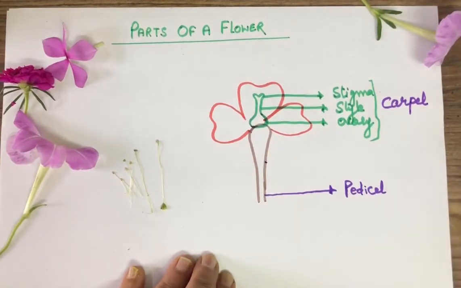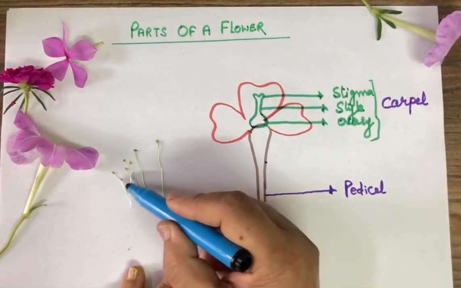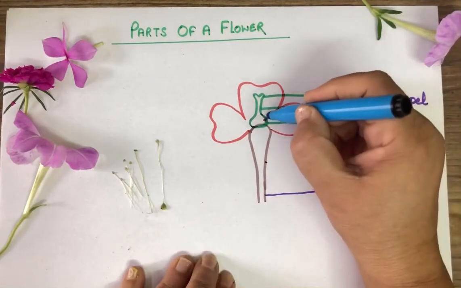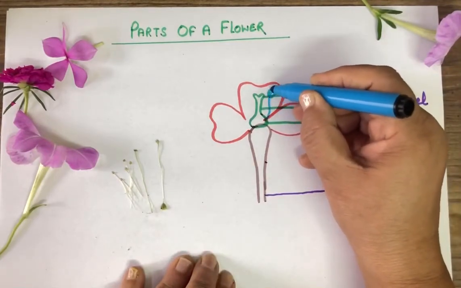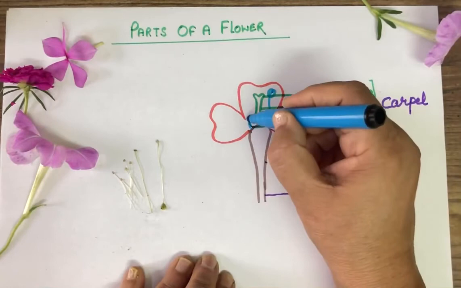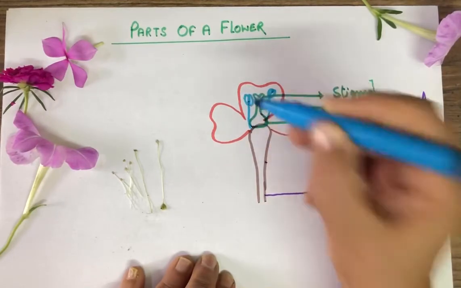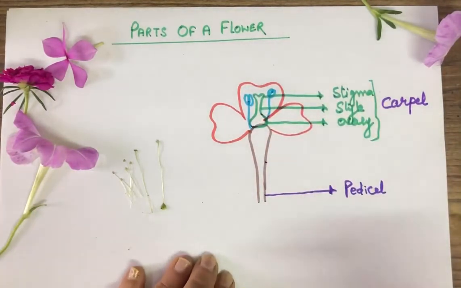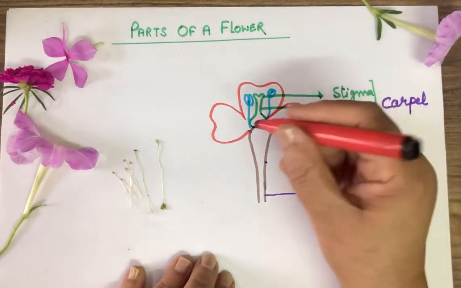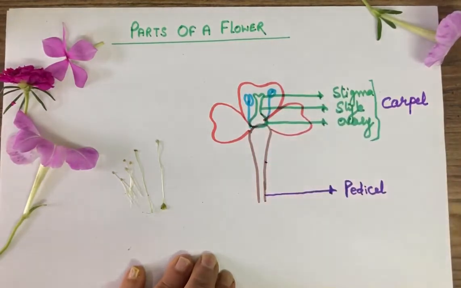And now comes the male part of the flower. These 5 I have shown you. This is the male part. You can draw like this. I joined it.